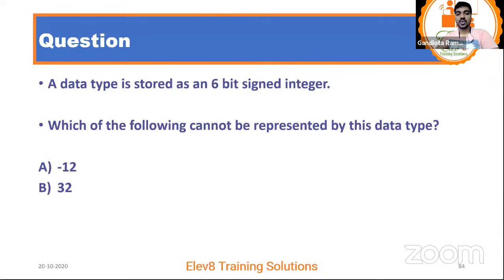Sigma. A data type is stored as a 6-bit signed integer. Which of the following cannot be represented by this data type?